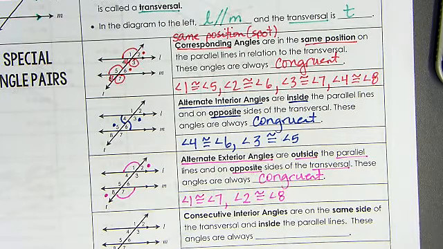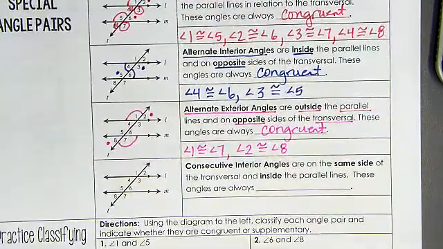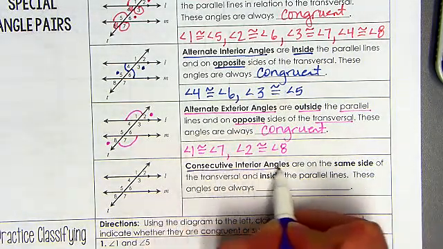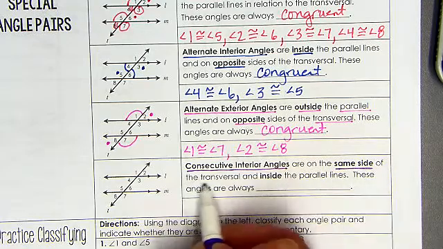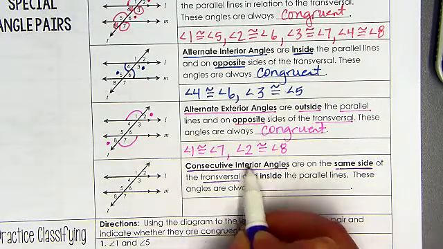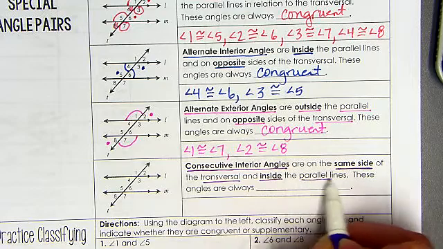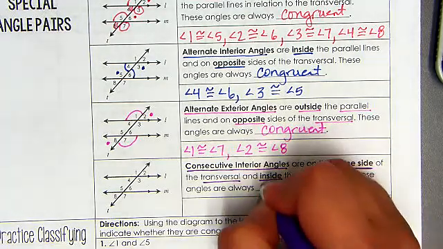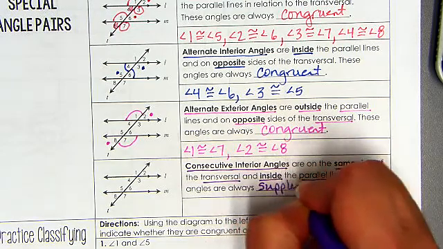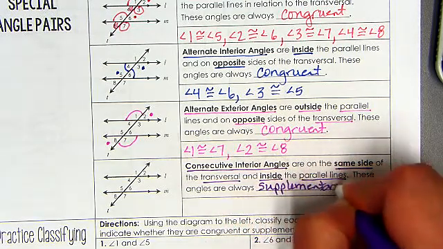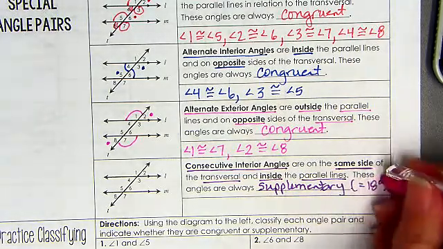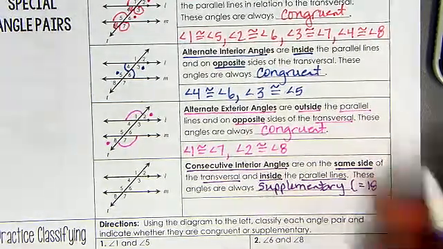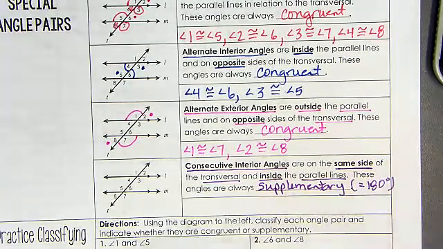And now we have corresponding. No, I'm not. We already did corresponding. This is consecutive interior angles. Consecutive means that they're on the same side of the transversal, and interior means inside the parallel lines. These angles are always supplementary, which means they add up to 180 degrees.